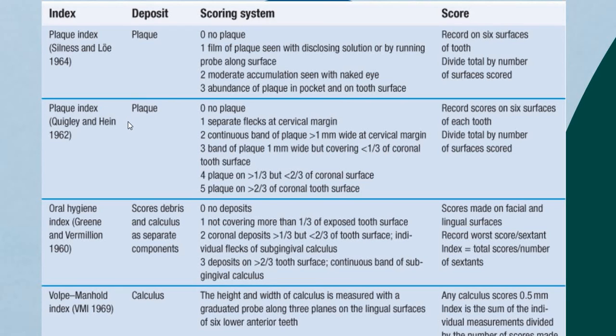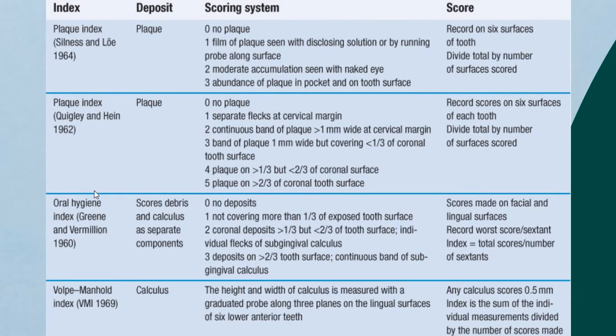This is another way, by Quigley and Hein, of the plaque index, but Silness and Löe is the most prominent one. And we have the oral hygiene index. The oral hygiene index scores the debris and calculus as separate components. In 0, there is no deposit. In 1, deposit not covering more than 1/3 of the exposed tooth surface.